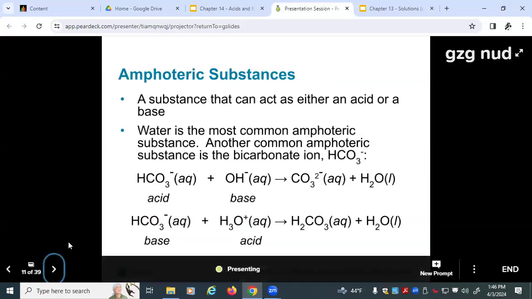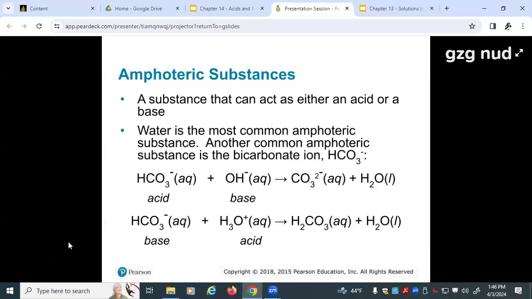This dualistic nature of water, where it can act as an acid in some circumstances and as a base in another, is a phenomenon known as amphoterism. We can call those substances that exhibit this dualistic property amphoteric.